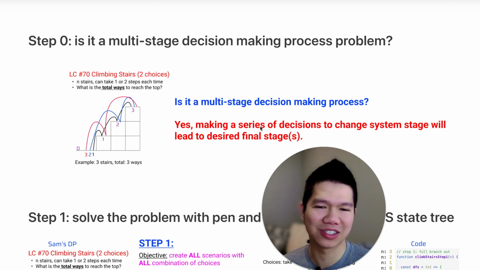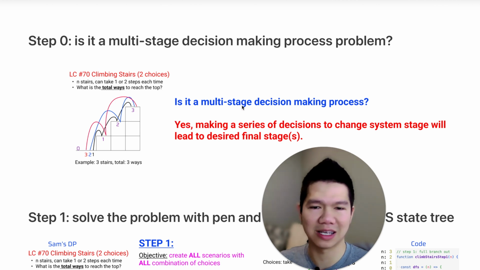Now remember, the final states can be the state that we desire, or the state where we cannot go anywhere further. We have no choices. So the answer is yes. It is a multi-stage decision-making process. Then we can use SESV to solve this problem systematically.